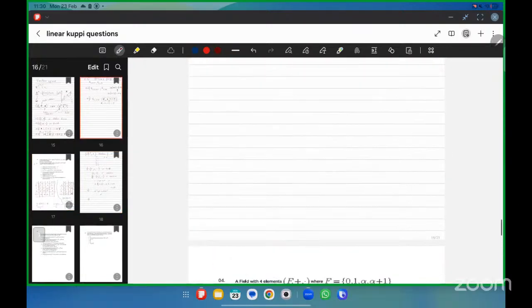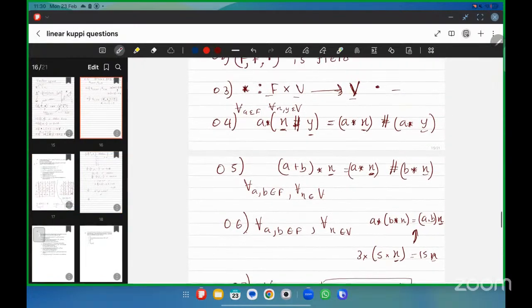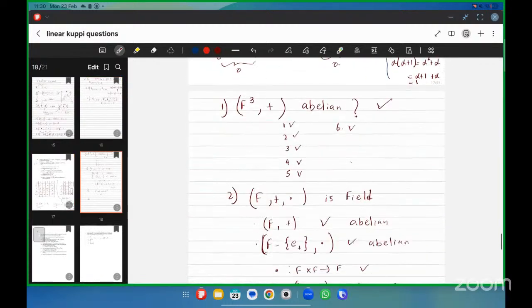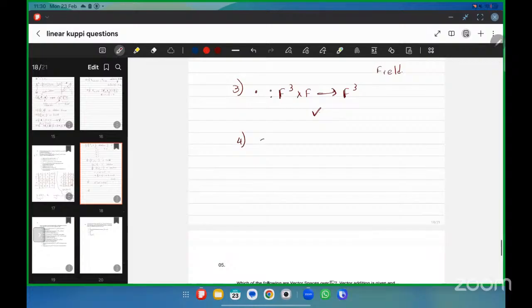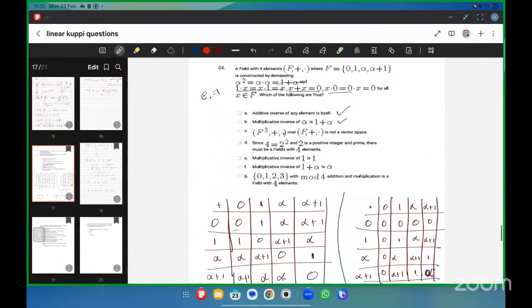And the fourth condition is the distributive law. A dot (B plus C) is equal to A dot B plus A dot C, where this is vector addition and this is scalar multiplication, and there are only two symbols, that's why I'm writing it in one thing.